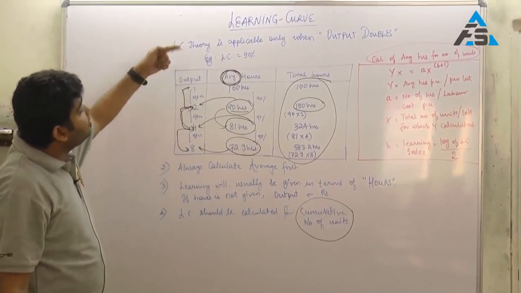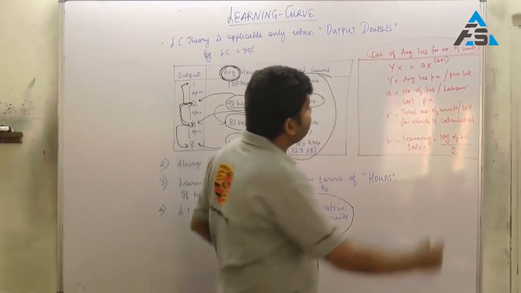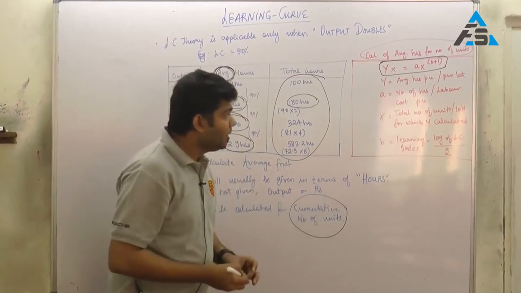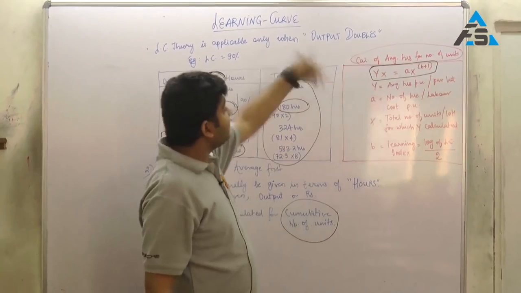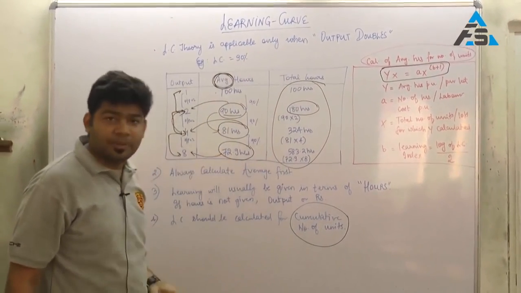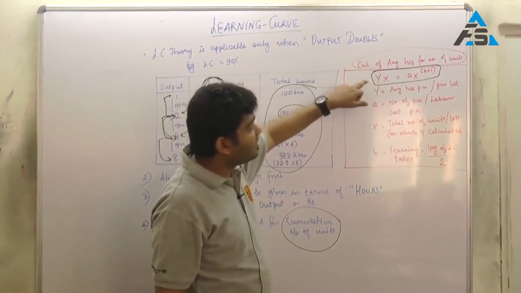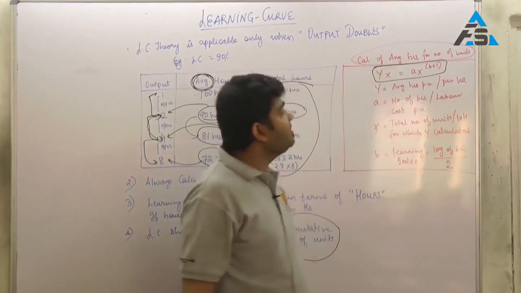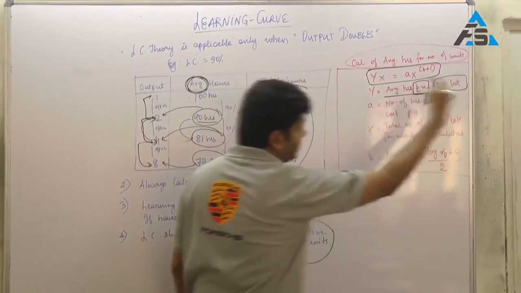Now what if the output is not doubling but you have a learning curve? Then in that case we will use this formula. Again, we will not focus on the derivation as of now because it's a quick revision session. If the output doubles, I know it's a simple process, but if the output does not double, then the average hours will be calculated using the formula Yx = aX^(b+1)... where Y is the average hours per unit or per lot, depending on the question.